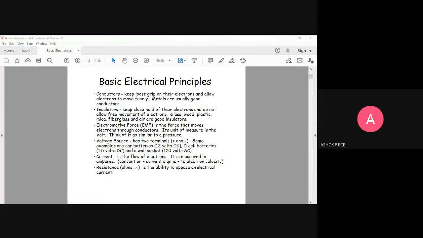The definition is the ability to oppose current, and resistance is given in ohms. The higher the value of resistance, the more opposition it provides, and the less current is going to flow into your circuit.